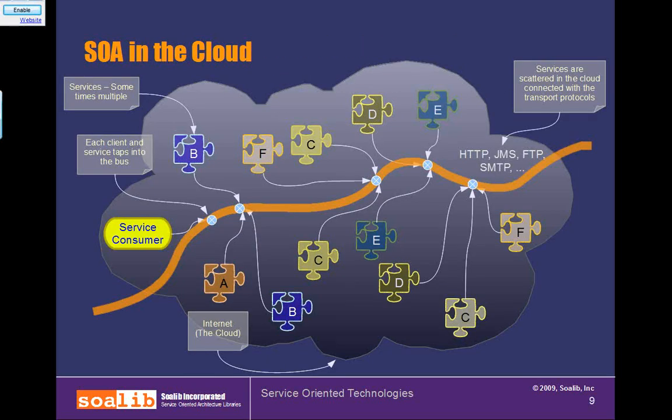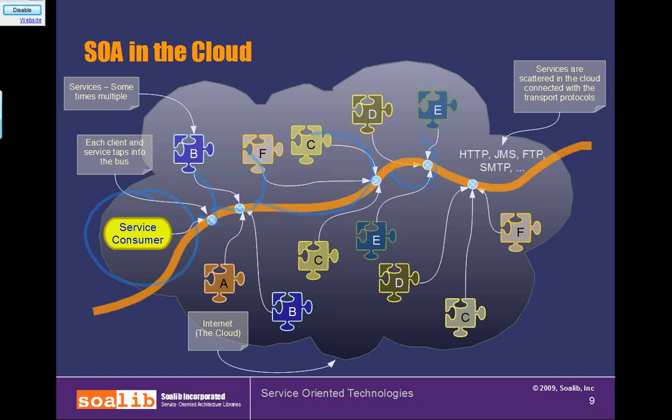Now, SOA in the cloud. Service-oriented architecture is the software for cloud computing. Cloud computing may be thought of as the platform for SOA. In this slide, there are A, B, C, D, E, and F. So there are services A through F being offered on the cloud, and there is a consumer on the left, which may consume any services.